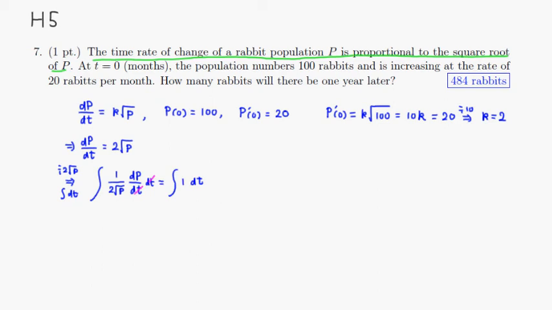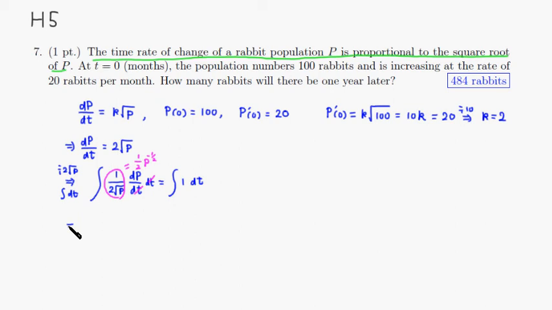Then I don't like the way this is written, so this is the same thing as 1/2 P to the negative power, since P is on the bottom, so it's a negative 1/2 power. So let's take the antiderivative.